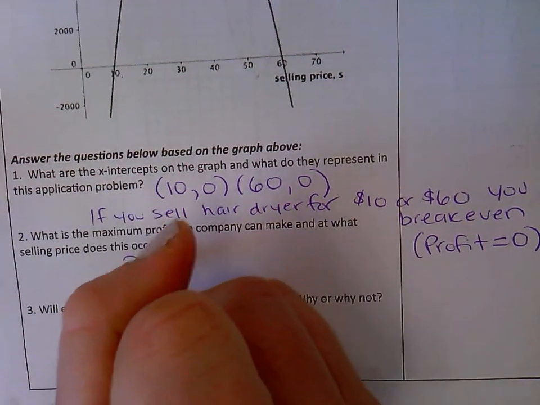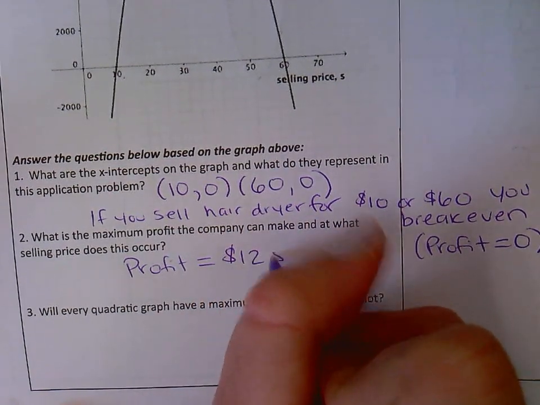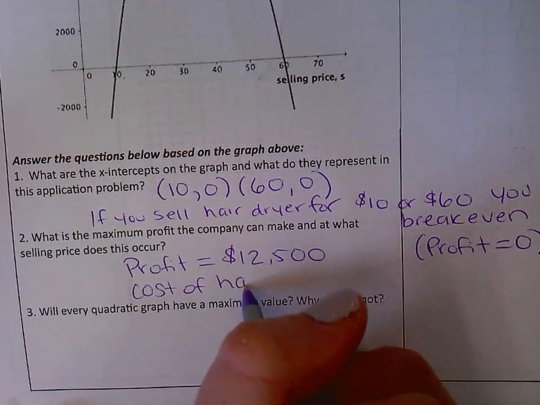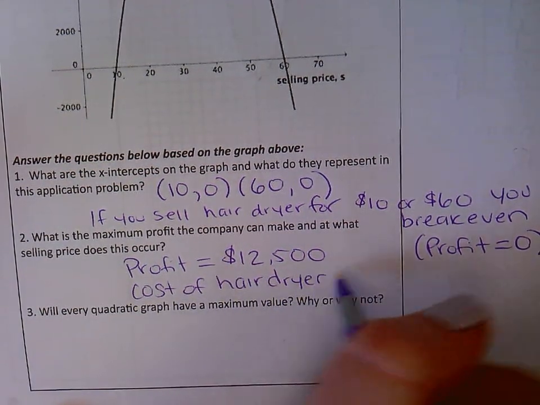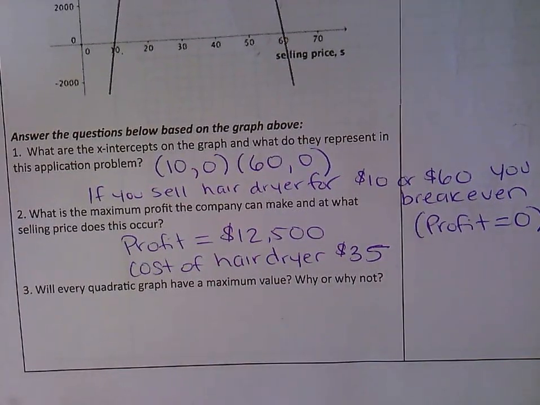What's the maximum profit? $12,500, and we want the cost of the hair dryer to be $35. They did studies and they can sell the most of them, but also make money at $35.